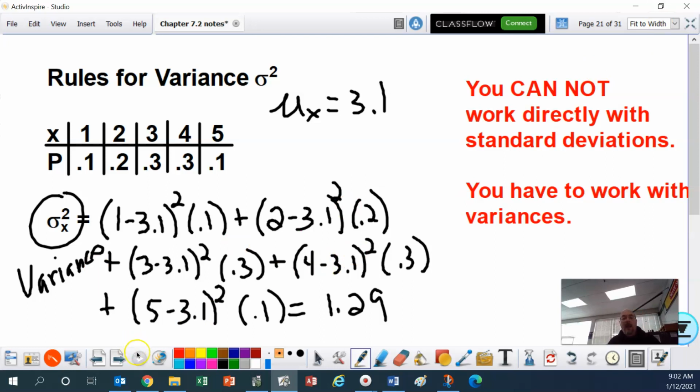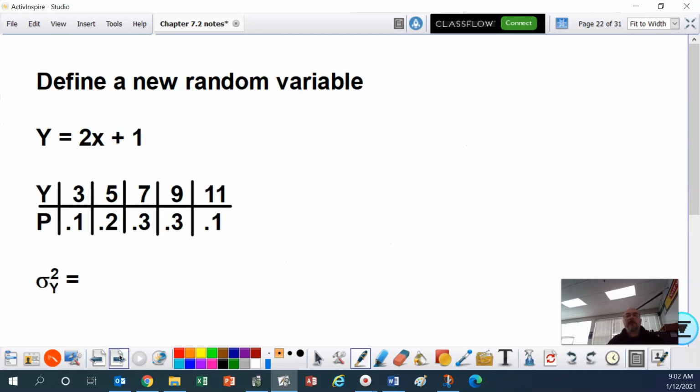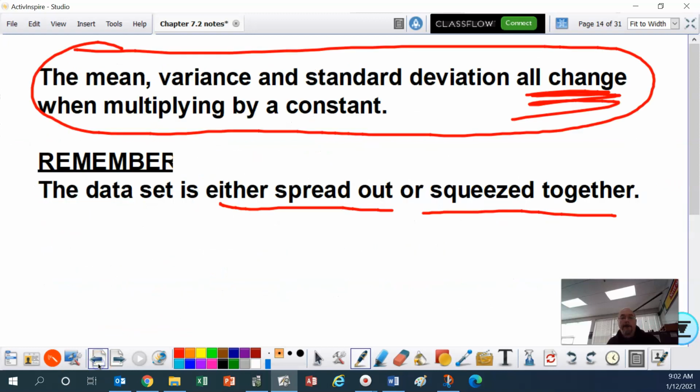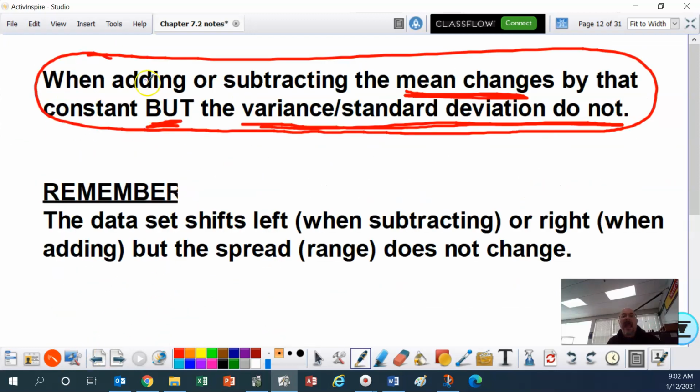Now, remember, when adding or subtracting, the variance and standard deviation do not change.